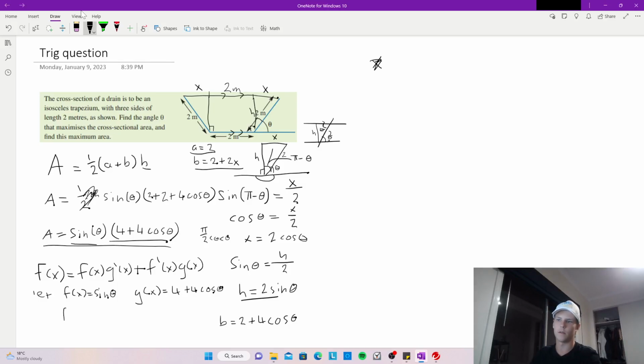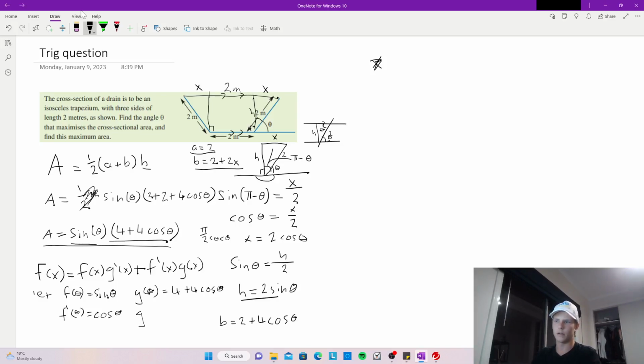So the derivative of f of x, that's what I should be changing. I should be changing these x's to theta, because our equation isn't in terms of x, it's in terms of theta. The derivative of f of theta, which is the derivative of sine theta, is just equal to cos theta. To solve these equations, you pretty much just want to know your basic derivatives for trigonometric functions, and that'll help you out.